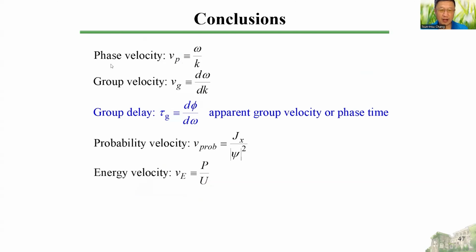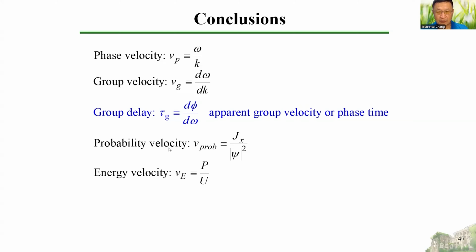Okay, finally, phase velocity, Vp, is defined as omega over k, as we expected. Group velocity is d omega over dk. Group delay, tau g, is defined as d phi over d omega, and is related with group velocity. When group velocity is faster than the speed of light, we call it another name, apparent group velocity. Here we call it another name, phase time, because it's related with phase.